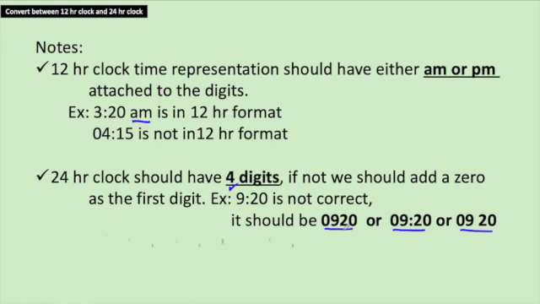So remember, in 24-hour format, we will have neither AM nor PM. So hope you understand how to identify in which format the time is given. There are only 2 formats, either 12-hour clock with AM or PM, or 24-hour clock without AM and PM, but we should have 4 digits.